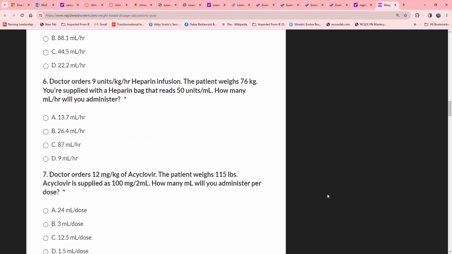So we should have 9 times 76, 13.7. And then you're going to divide that by what you have on hand.